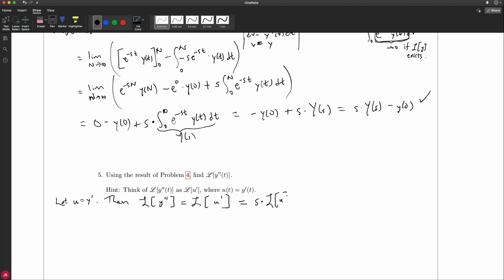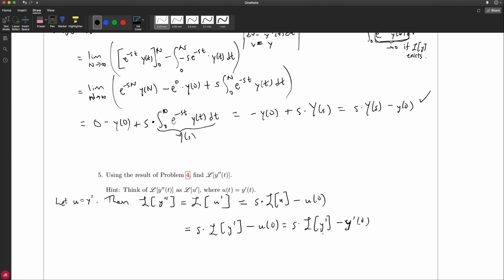Those two things are the same, minus little u of 0. And the reason I write it like this is because now I'm going to back substitute what u is equal to. Well, that's equal to s times L of y prime minus little u of 0. But again, little u is y prime, so this is s times L of y prime minus y prime of 0. And this is little y prime here, of course.